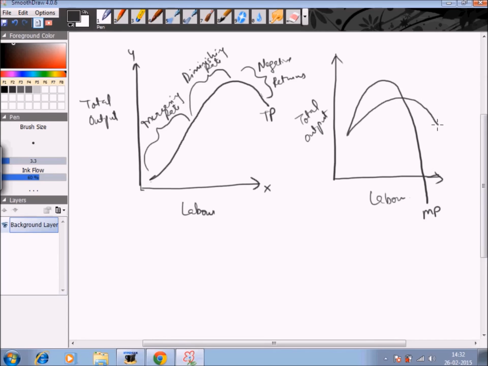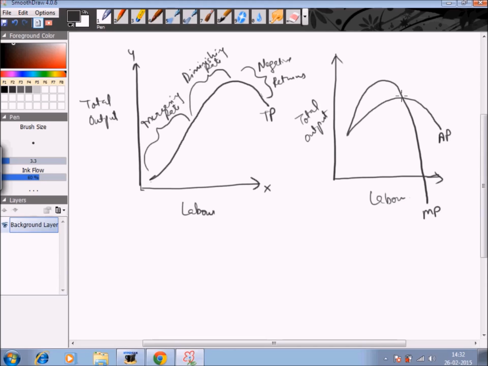It increases at a constant rate and then it starts going down. This is the average productivity curve. We can see here that the average productivity curve falls below the marginal productivity curve, and the reason behind it is that the rate of increase of the marginal productivity curve is more than the rate of increase of the average productivity curve.